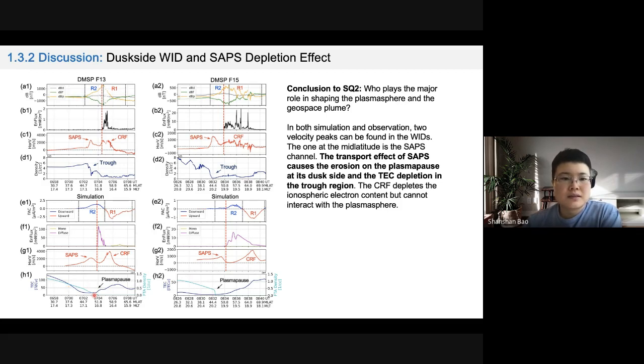You can see this SAPS velocity overlaps with the plasmapause, and at a later stage this causes a sharp drop in the plasmapause density profile, which is consistent with the observation. So our conclusion for question 2 is that the transport effect of SAPS causes an erosion on the plasmapause at its dusk side and the TEC depletion in the trough region.